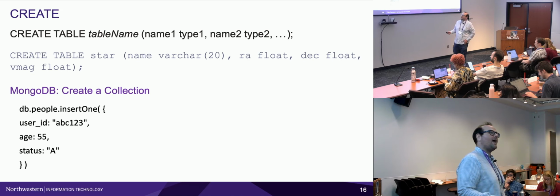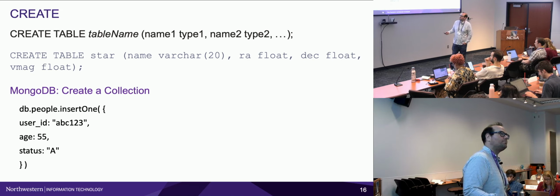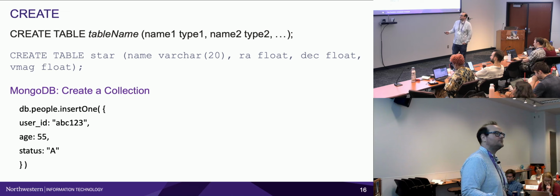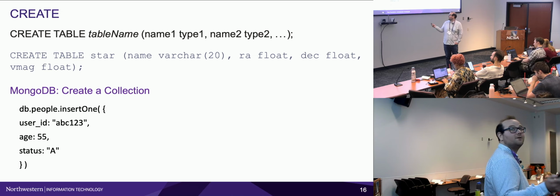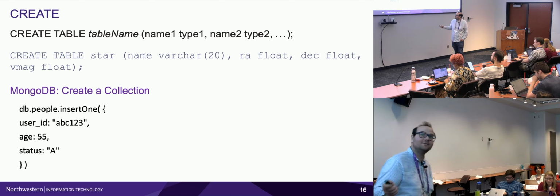So I have a collection called people, and I would like to insert one quote-unquote row into the quote-unquote collection called people. What do you notice about this statement here?